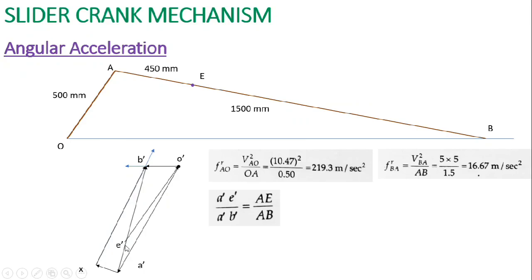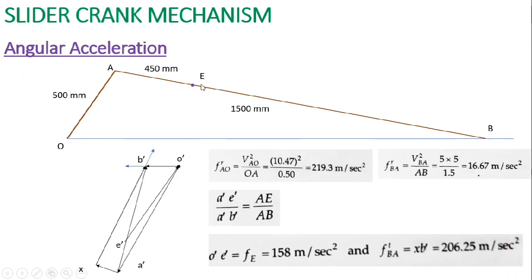From E dash you join this vector, that is E dash to O dash, and the length of the vector will give the acceleration of this point E. So O dash E dash, when we measure, comes to 158 mm, and that will be the acceleration of point E, so 158 meters per second square. And FBA tangential, which we have already drawn here, that will be XB dash, which comes to 206.25 meters per second square.